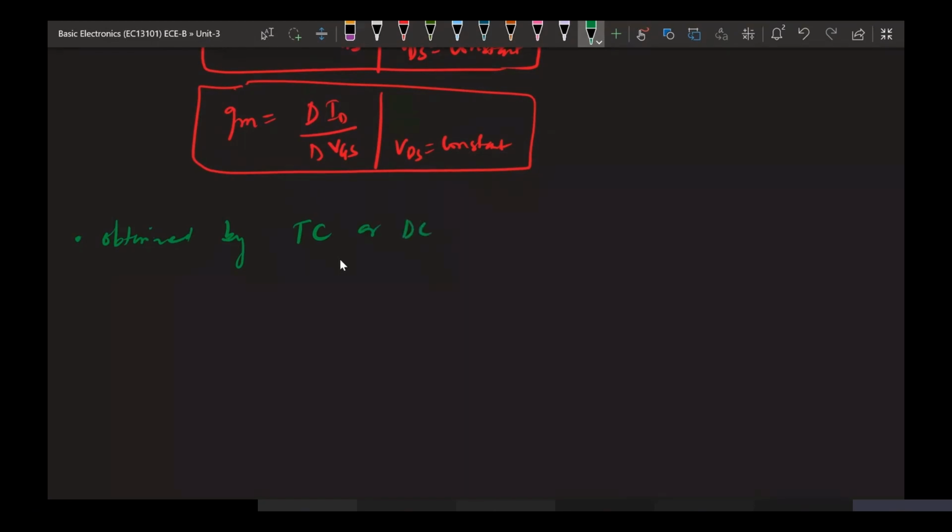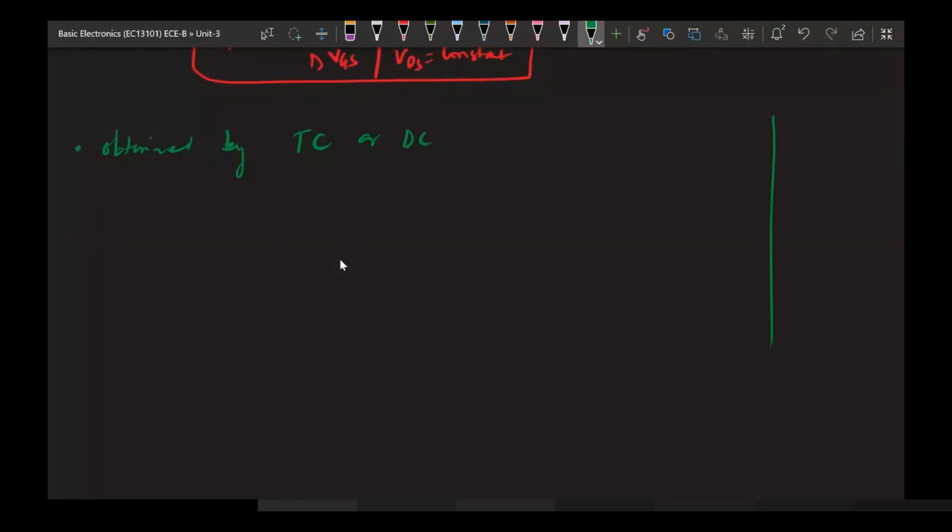We will just see the case of transfer characteristics. This is your VGS, in the negative direction, and this is your ID. We know this is given by this relation. This is IDSS, and this is where ID is going to be 0.